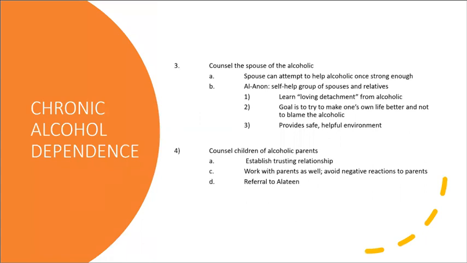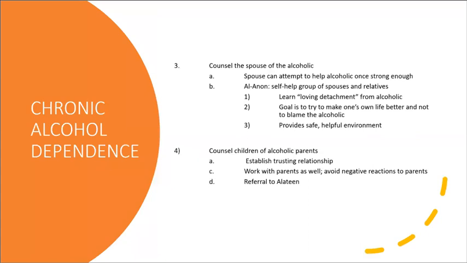Again, you also want to counsel the spouse of the alcoholic. The initial goal is to help the spouse focus on himself or herself. So you want to explore life problems from the spouse's own perspective, from her own point of view. And then once the spouse is strong enough, she can attempt to help her alcoholic partner.